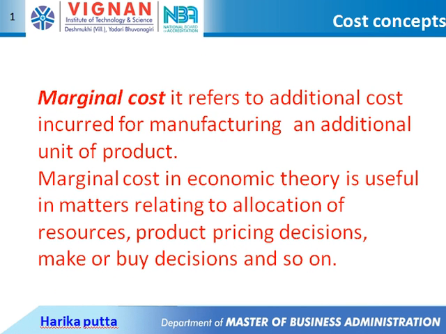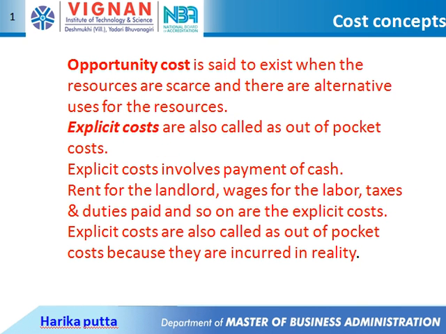Marginal cost. Marginal cost is the additional cost incurred for manufacturing every additional unit. You have to allocate some resources. That is called marginal cost. Opportunity cost. Opportunity cost is said to exist when resources are scarce and you have alternative uses for resources.